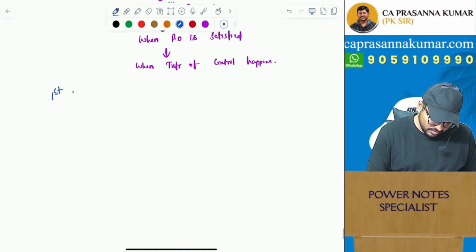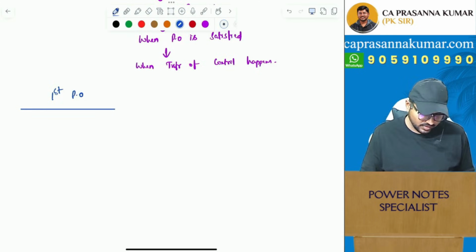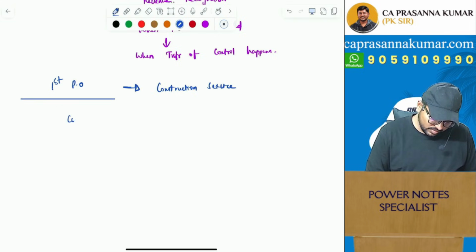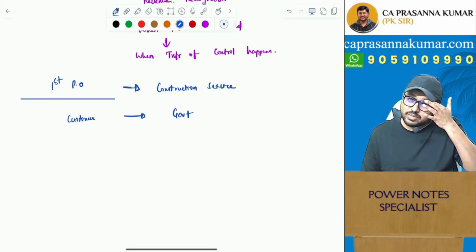Let's start with the first PO, because I told you there are two POs over here. What is the first PO? First performance obligation: construction service. Who is the customer in this case for construction service? Government. You can also refer to him as grantor.